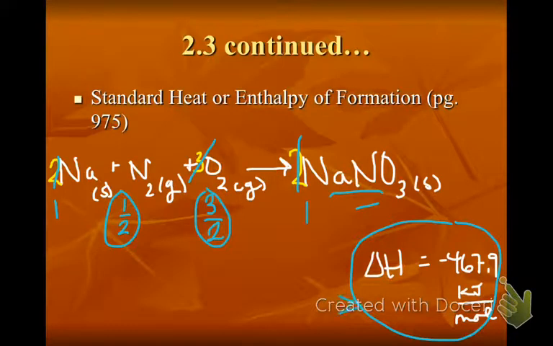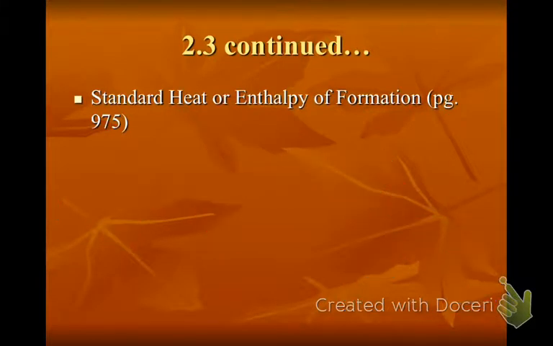So basically, if I were to draw a graph of this, what I would start with would be the elements Na, half of an N2, and 1.5 of an O2. And those in combination would be higher in energy than NaNO3.